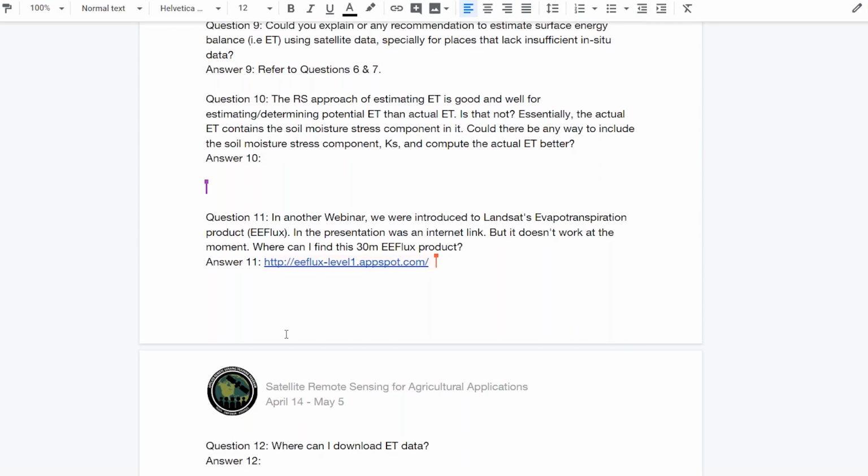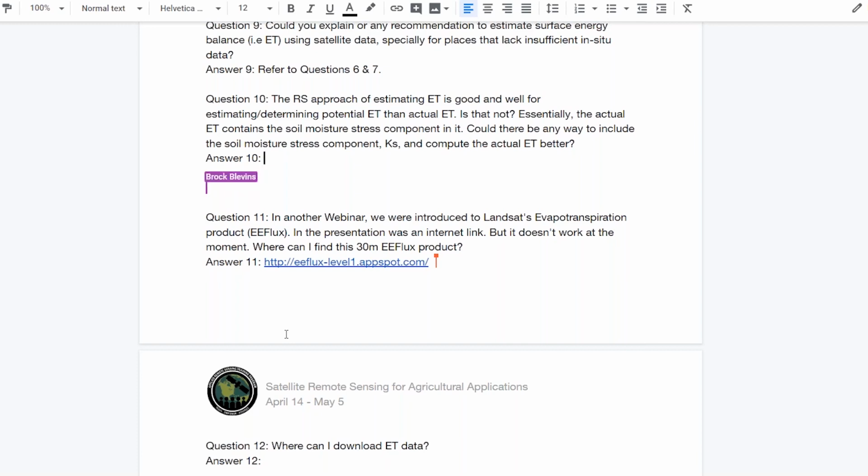Well, the point is we don't use remote sensing to estimate potential ET. Potential ET is physically a function of the meteorology, or the atmosphere's ability to take in water. The remote sensing approaches that we have here are estimating actual ET.